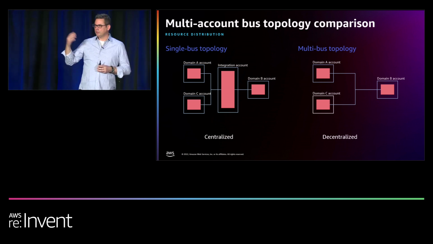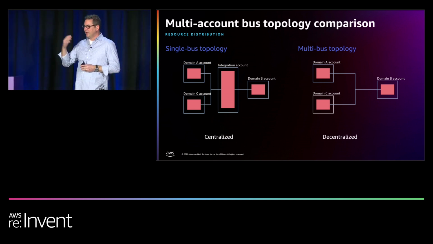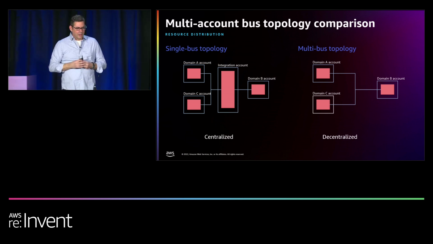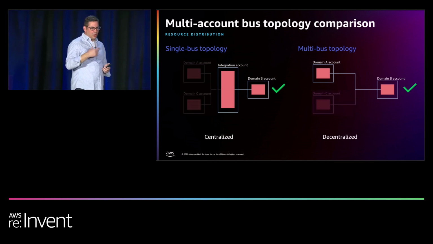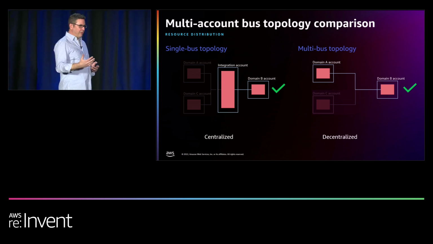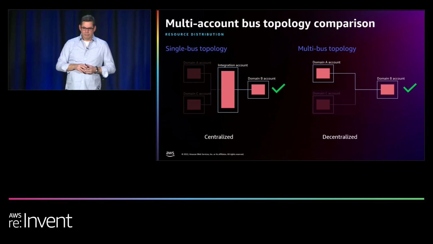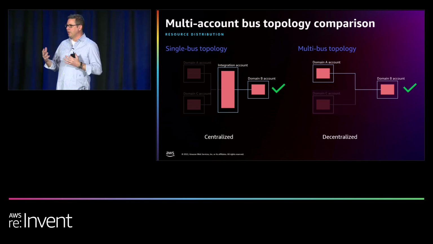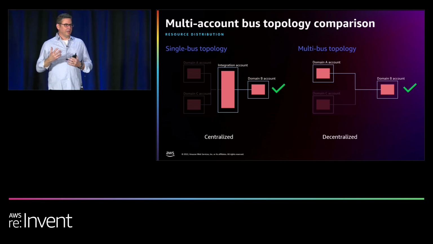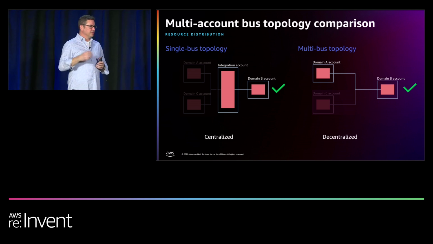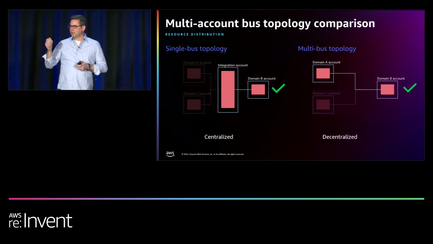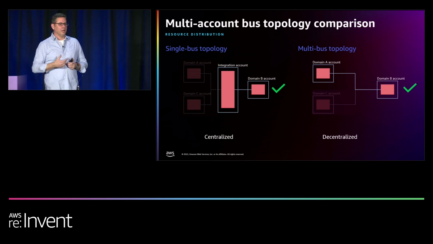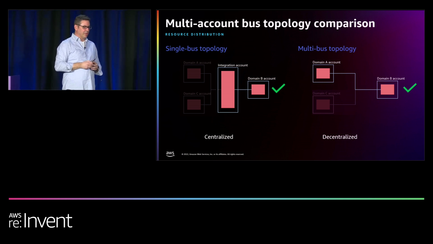You need to have multiple event buses today to be able to send events from one account to another. And when you think about it, this is actually not a bad pattern, because it allows you to separate the routing logic from the way that you integrate applications on the receiver's end. You can add and you can remove integrations without affecting how you receive events in the first place.